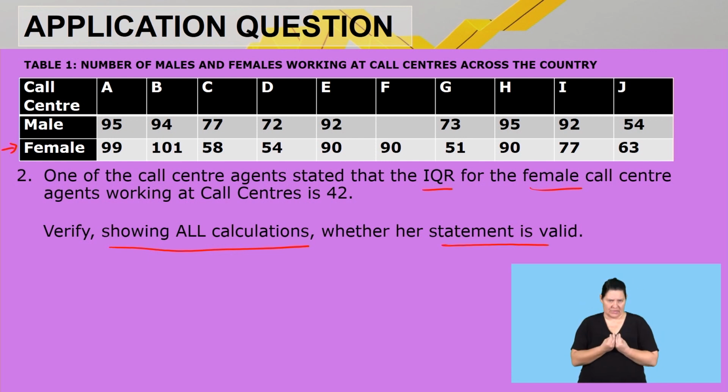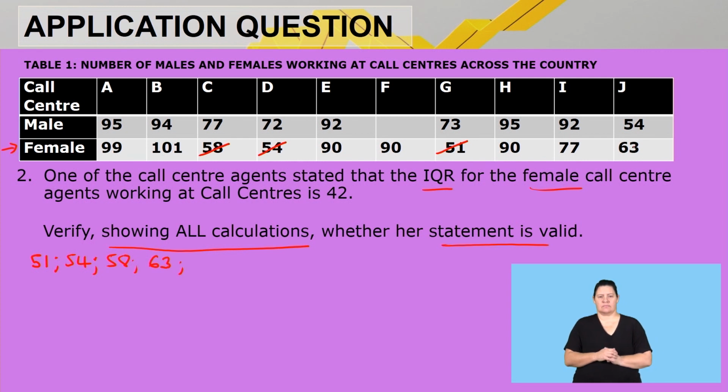Okay, and please work with me. Looking at our data set here, the first value, the lowest value, is 51. Scratch it out. Followed by 54. Thereafter, I see a 58, 63, then 77, then I have 3 90s.